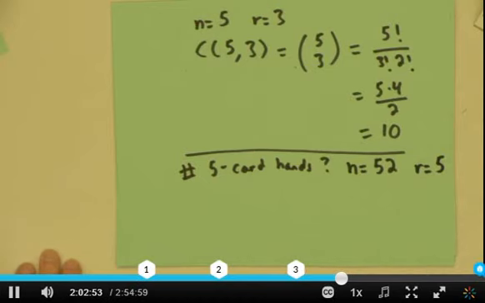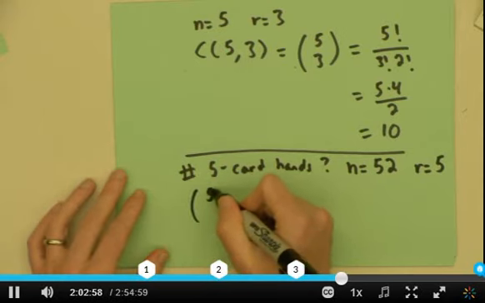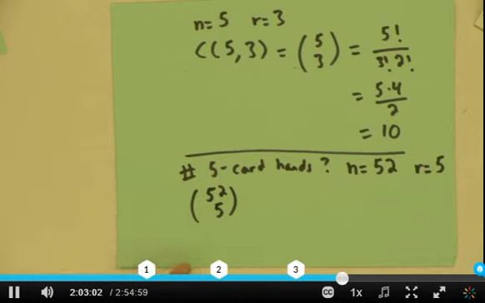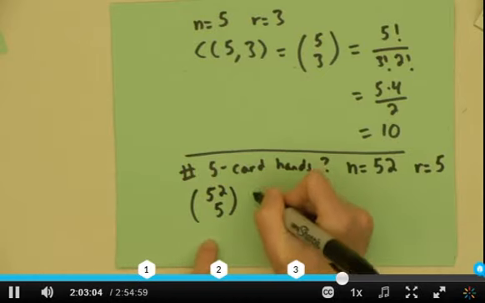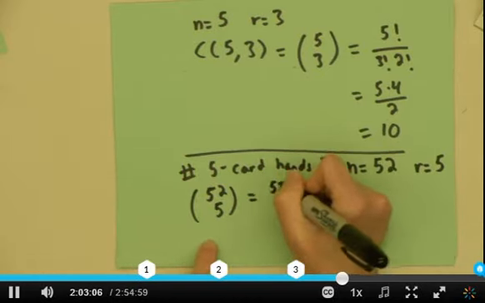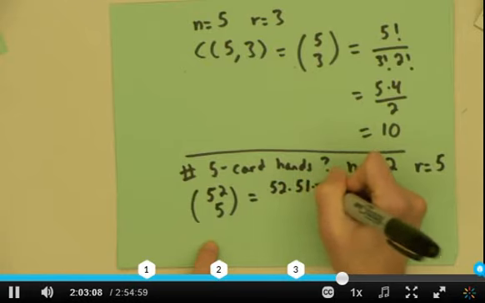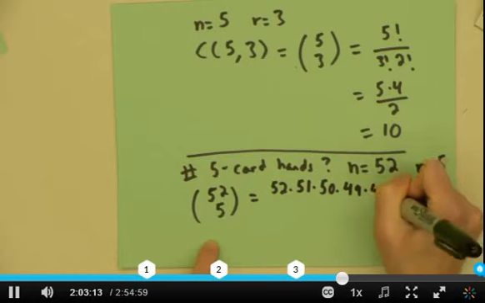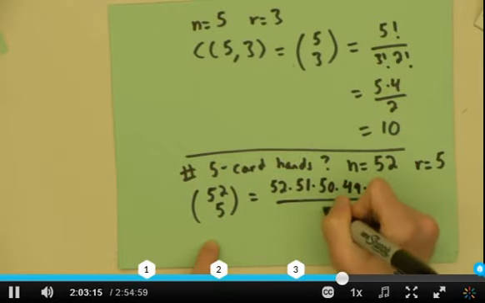And the number of possible hands is just 52 choose 5. Okay, so this is a nice way to note that. That's 52. That's 51. That's 50. That's 49. That's 48 over 5 factorial.